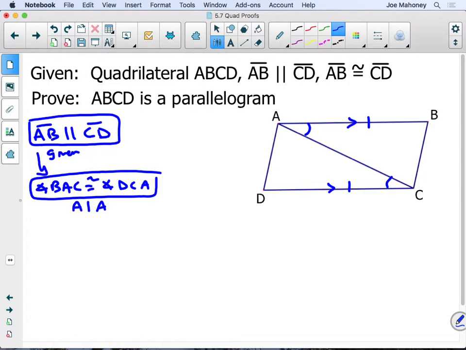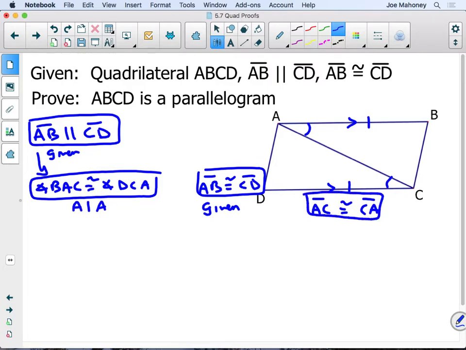Great. I also know that AB is congruent to CD. That was given. I also know that side AC is congruent to itself. It is a shared side. So I've got those three things true. So my triangles are going to be congruent.